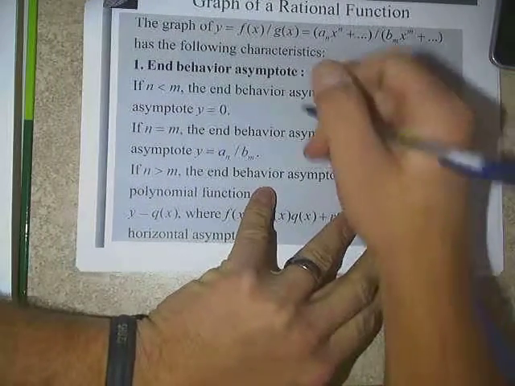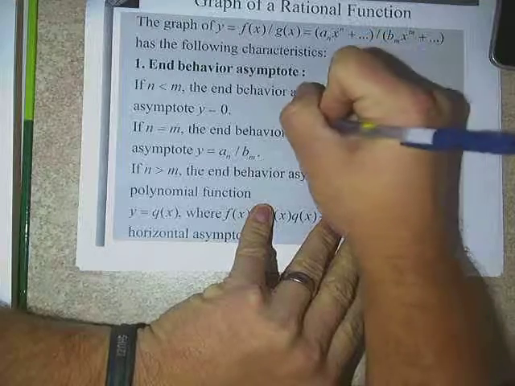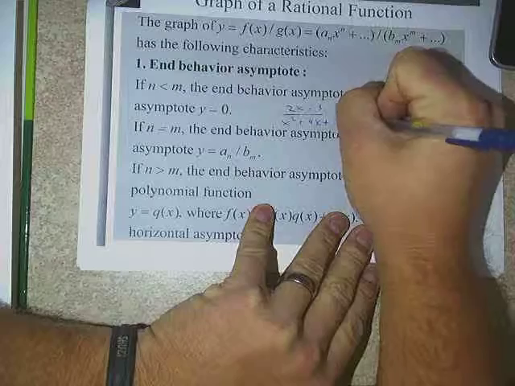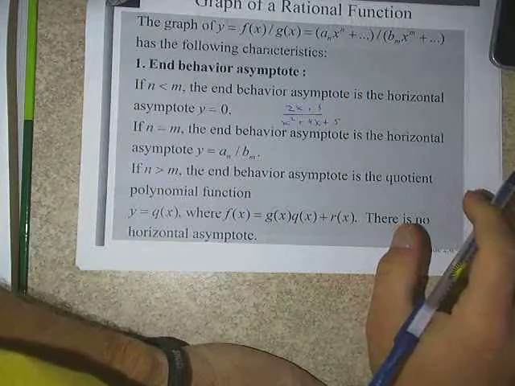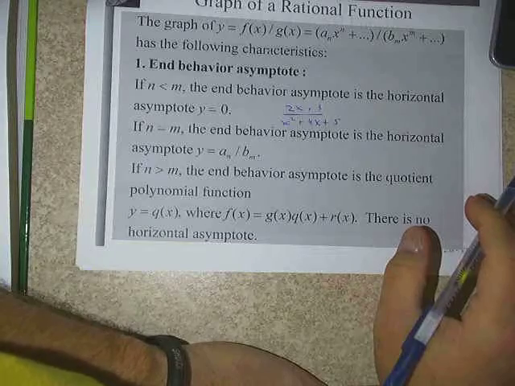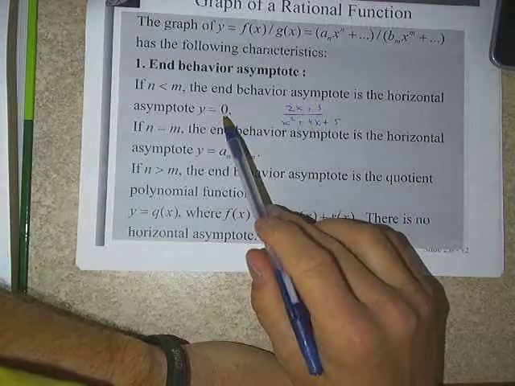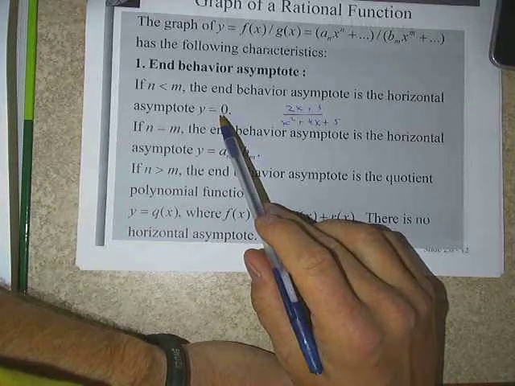Here's an example of one that would fit that bill: 2x plus 3 over x squared plus 4x plus 5. That would be an example of n being less than m. The top degree is less than the bottom degree. Therefore, if I were to look at a graph of this, we should expect there's going to be a horizontal asymptote of y equals 0.